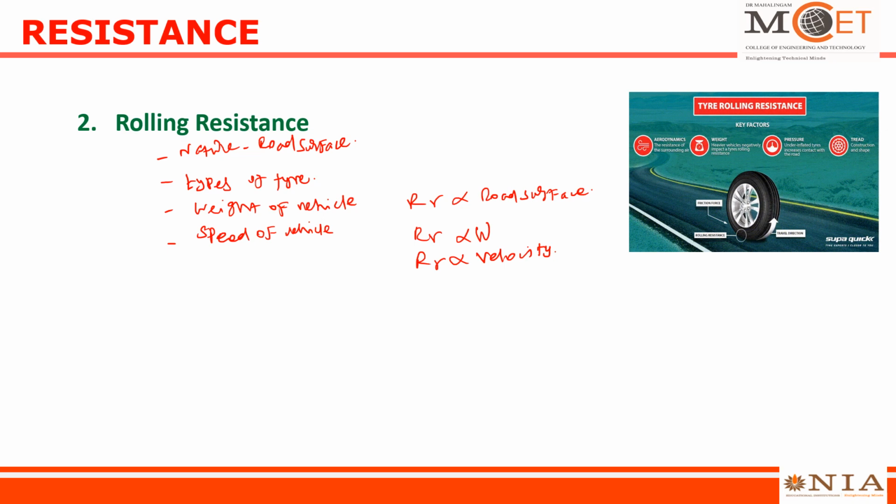Rolling resistance, we can say R equal to (A plus B times velocity of vehicle V), whole bracket, times weight of vehicle W. Velocity is measured in kilometer per hour, weight measured in Newton.